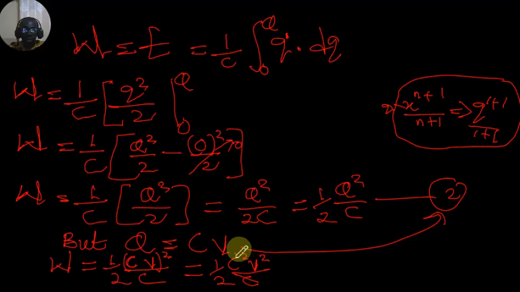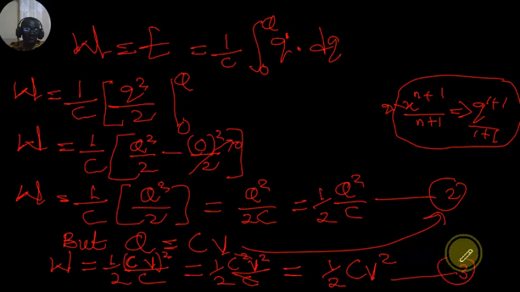One c cancels one of these c, so you'll be left with 1 over 2 cv squared. Take this as your second equation for energy stored in a charged capacitor.